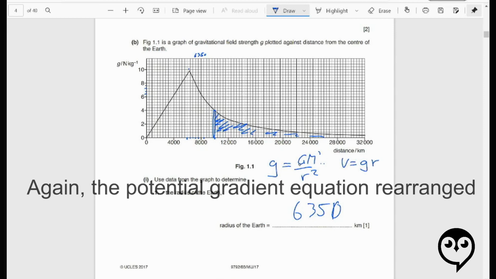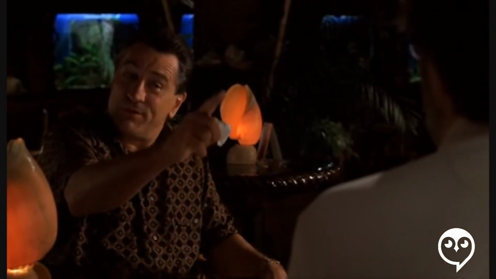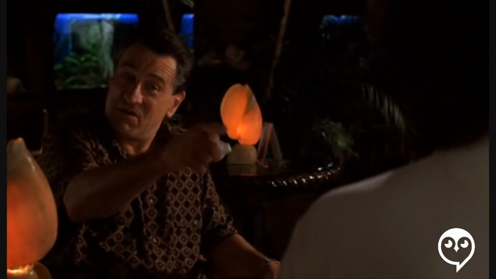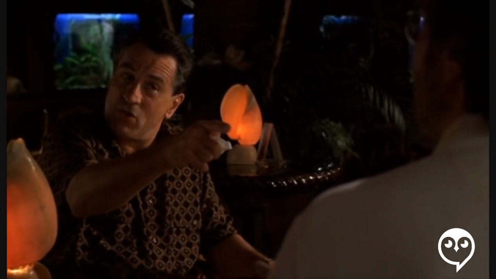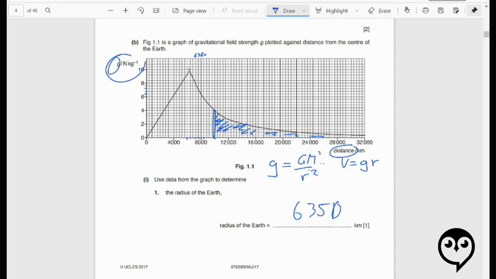But you see, it would be this times the r, so the area under the graph, because it's g times this distance, r. That's it. So interesting. You could have done the area under the graph, all the way to infinity.